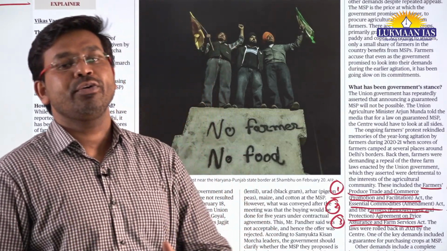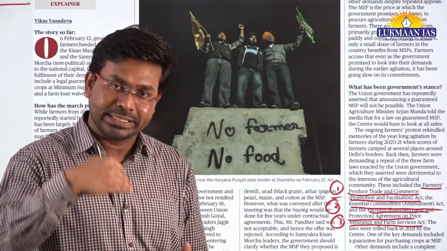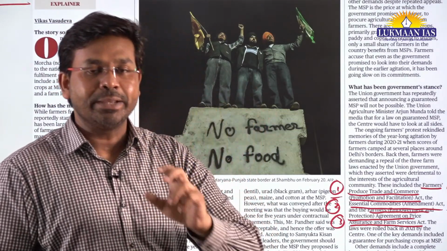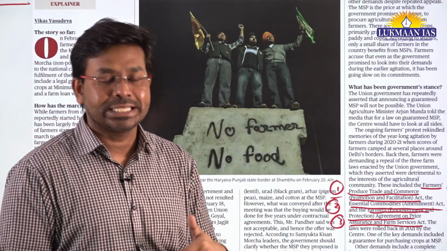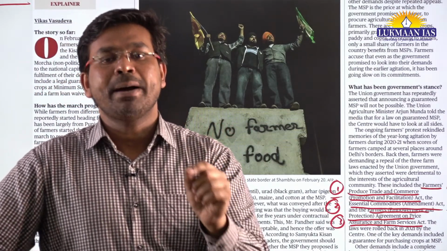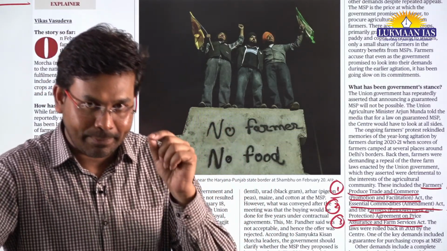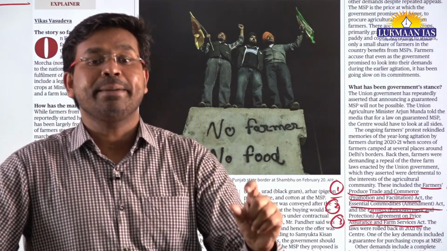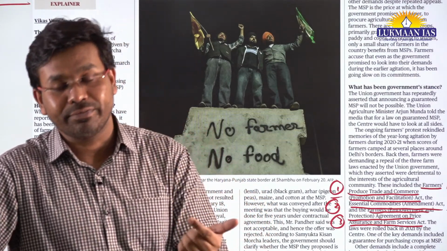As of now, if we talk about the minimum support price that exists in India, initially the minimum support price was introduced by the MS Swaminathan committee. The committee recommended to the government what the MSP should be for the farmers.